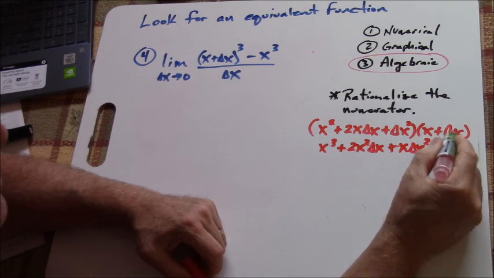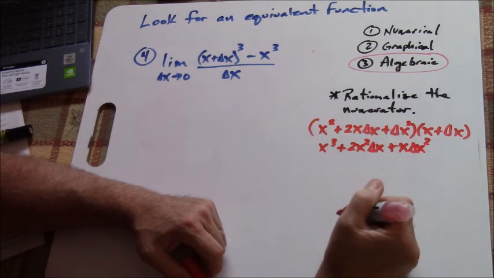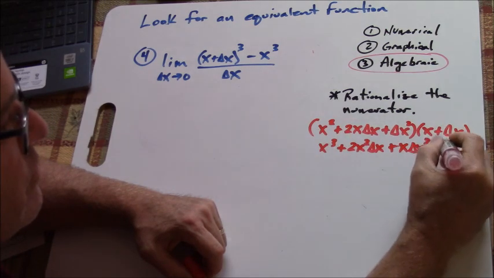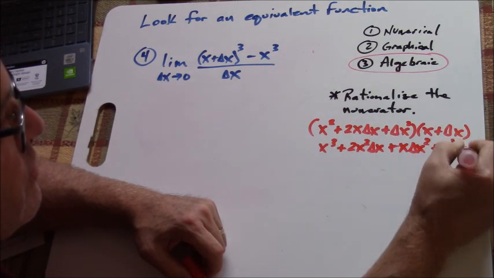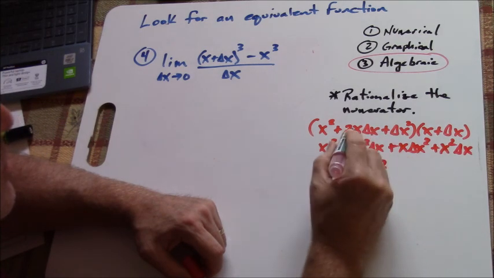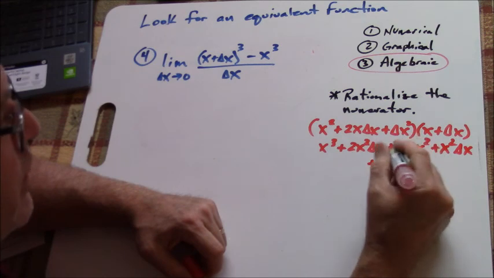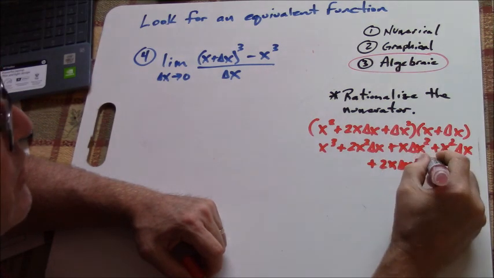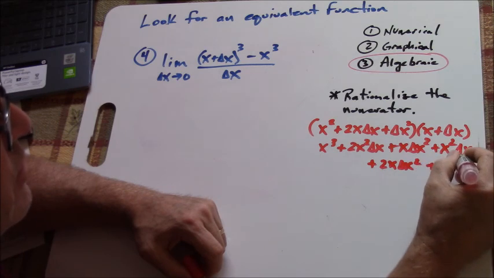And now I'm going to take a delta x times all 3 of these. So I'm going to get an x squared delta x plus 2x delta x squared plus delta x cubed.